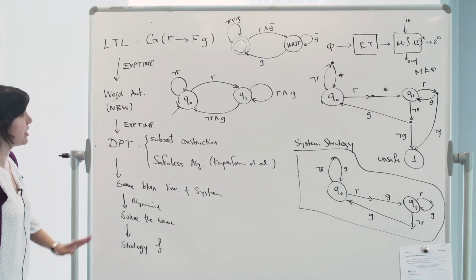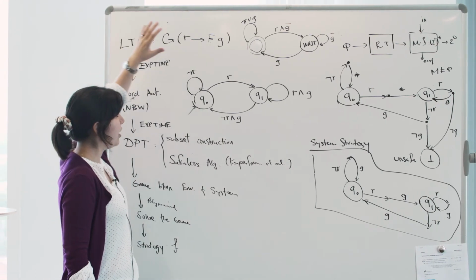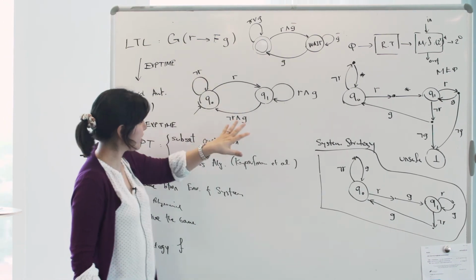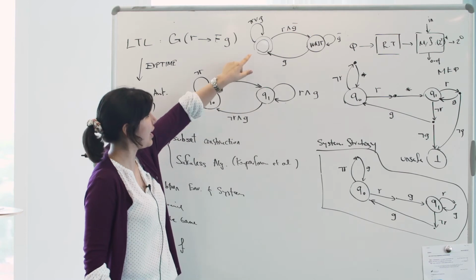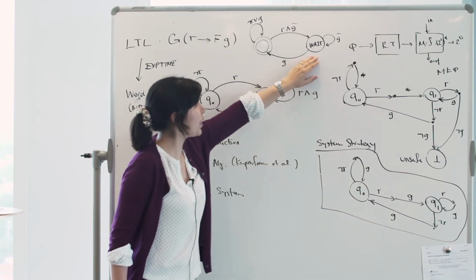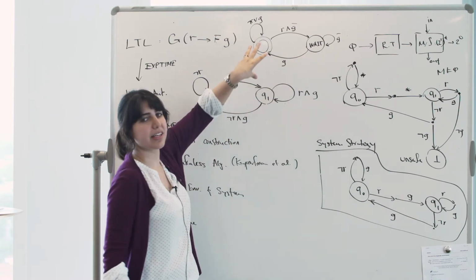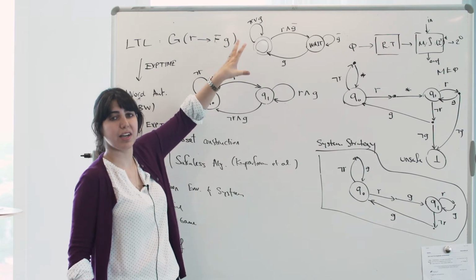So I didn't really talk about how I created that automaton, but you can take this LTL and come up with this particular automaton, which is a little different from here. I have this accepting state here, and I have this wait condition where I'm not granting, I'm waiting, and the moment I grant, I go back to this happy state that I can stay in infinitely often.